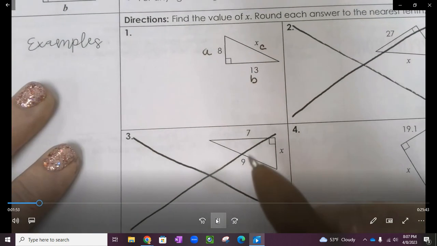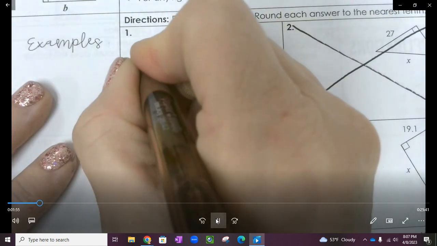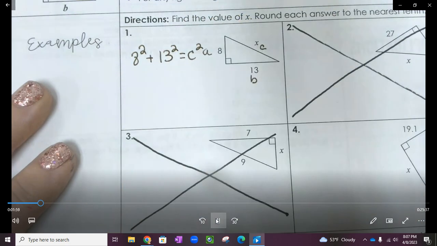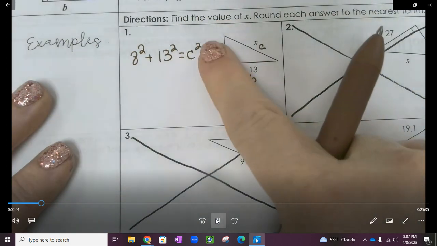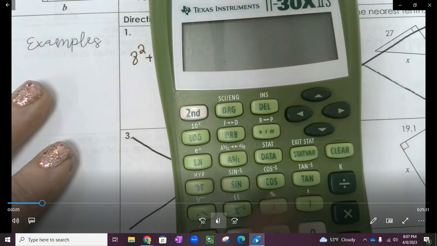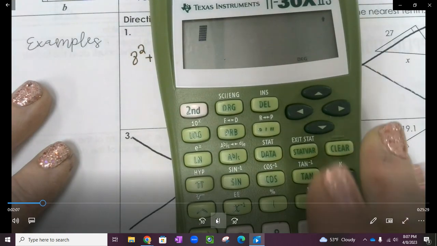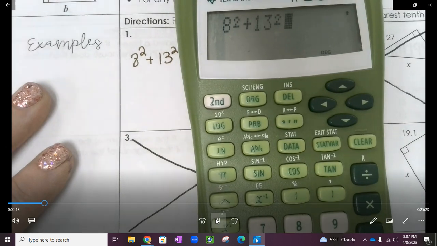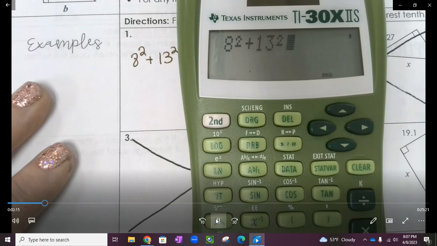So for this problem, we're going to say 8 squared plus 13 squared equals c squared. You can also put x squared if you want to. Just ignore my a. And then remember, we do all of this in our calculator. You can go ahead and show all the steps if you want to, but if you know how to do the steps, your calculator will do the work for you.